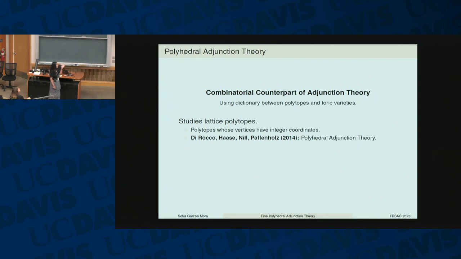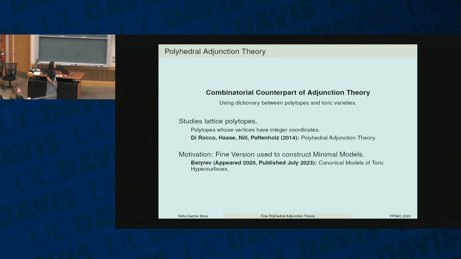And then Dickrell, Hase, Nill, and Pfaffenholz published this paper with the same name in 2014. And maybe as a motivation for what follows, there is a fine version that was used to construct minimal models. Actually, this paper appeared in 2020, but it was just published this month. So very hot topic of research, which was a very lucky coincidence.